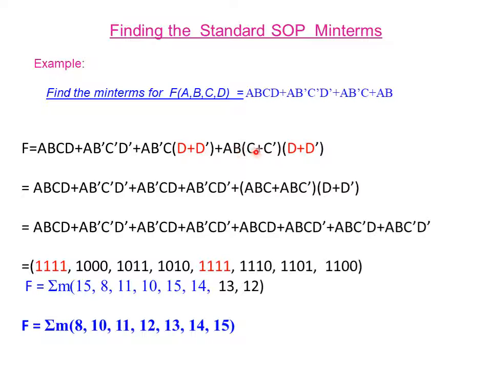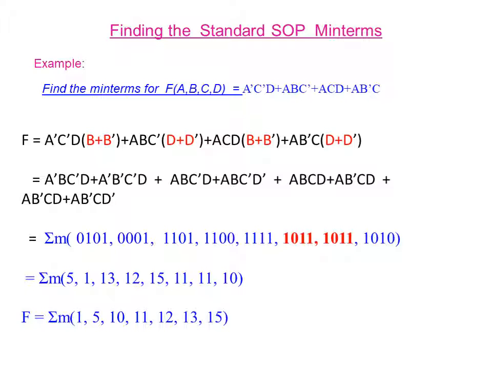For the fourth, C and D are missing, so we write C plus C bar and D plus D bar. Then we do normal multiplication, and finally write the equivalent binary, then the equivalent decimal. This is the way to represent it. The summation symbol is used to represent the SOP form.